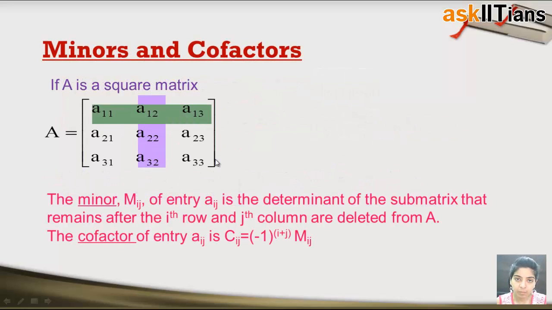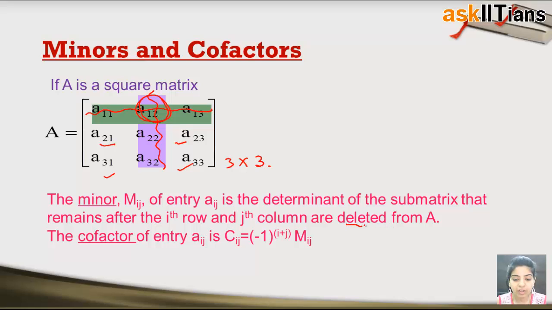We'll be discussing this with the help of various examples, and things will get clearer. If A is a square matrix which has elements a11, a12, a13, a21, a22, a23, a31, a32, a33, a 3 cross 3 matrix, and we wish to find the minor of a particular element, just cancel out its row and column, and the determinant of the remaining elements will give you the minor.